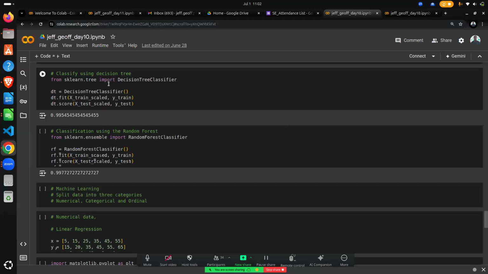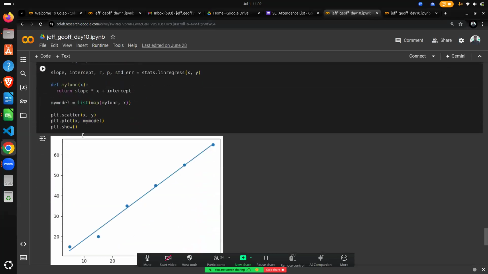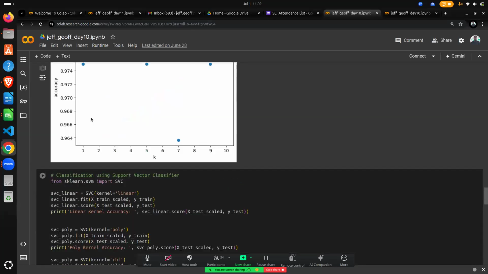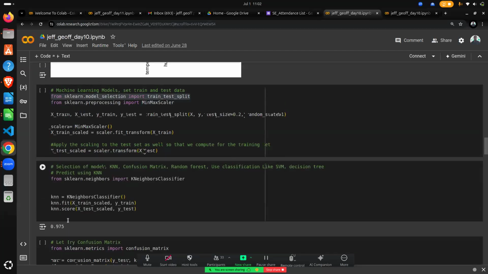Then we had the decision tree, which had an accuracy of 0.95. And we also had the KNN, which had 0.75.